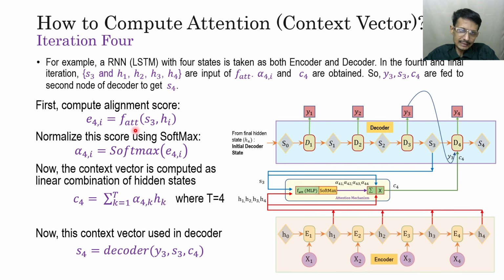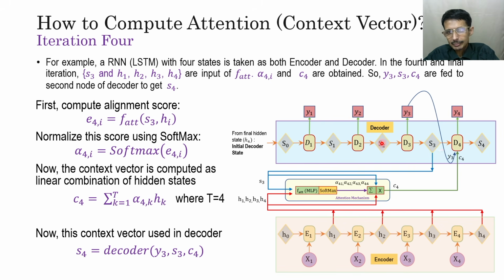What is important here is that at every decoder step we generate this attention over H1, H2, H3 and so on, using the corresponding S and the previous output.